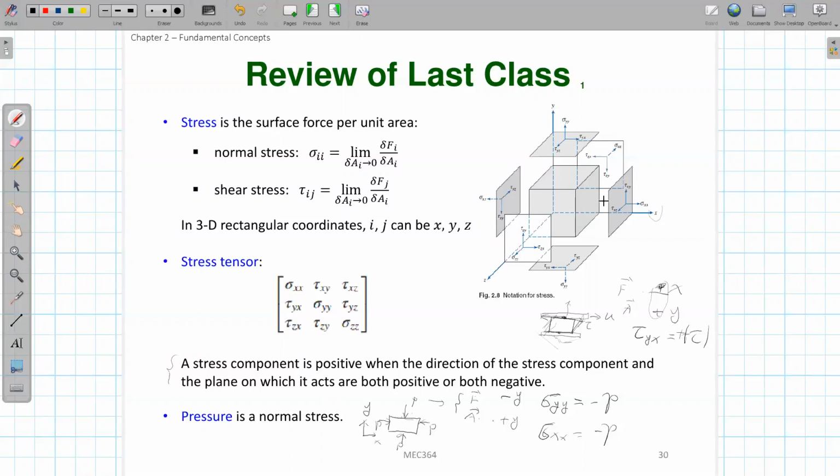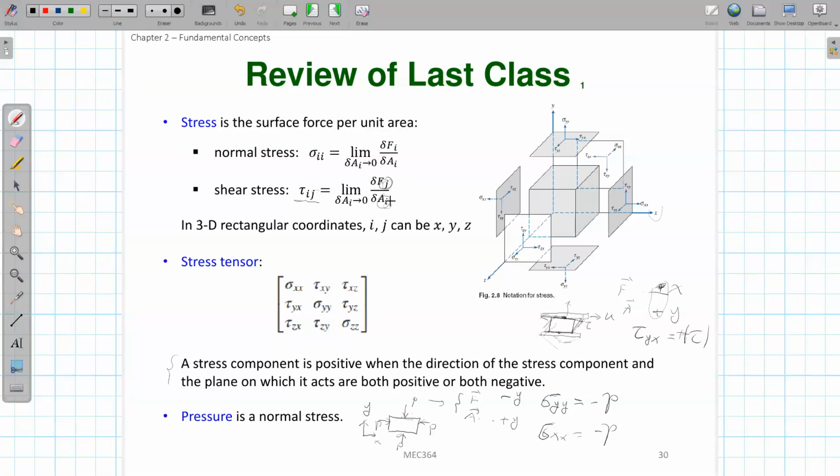You cannot do that, because tau is defined by two things: one is force, one is area. The area also has a direction. So tau contains the direction info of two things. That's the reason you cannot just use a single x, y, or z direction to define it. You have to consider both the direction of the force and the direction of the area.